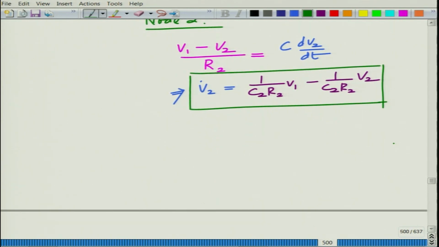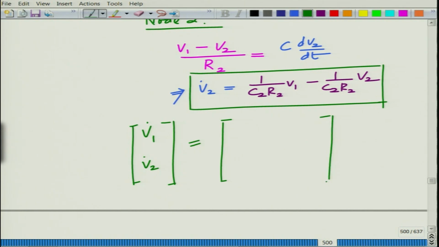Now if I look at these two, I can write V1 dot, V2 dot equals a matrix times V1, V2.